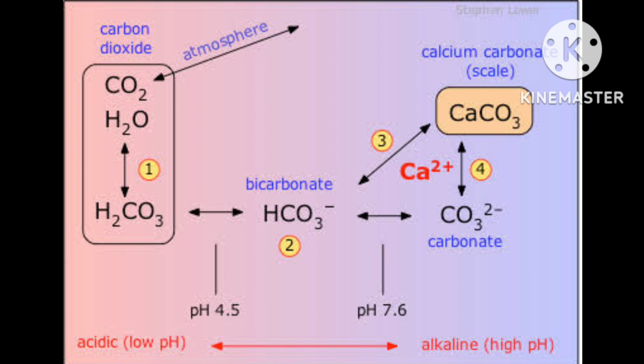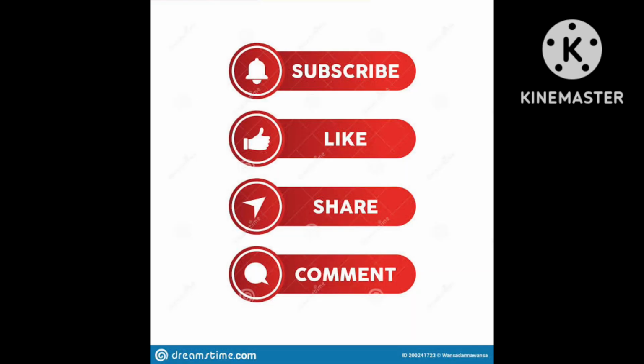Calcium bicarbonate and magnesium bicarbonate can be removed as calcium carbonate and magnesium hydroxide. Both will form, and you can filter them out. Here you have to add lime, meaning calcium hydroxide. Today I am stopping here. Next class I will discuss permanent hardness. Thank you.